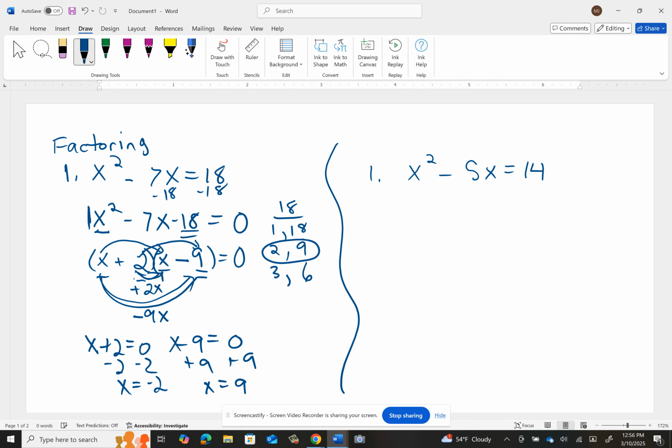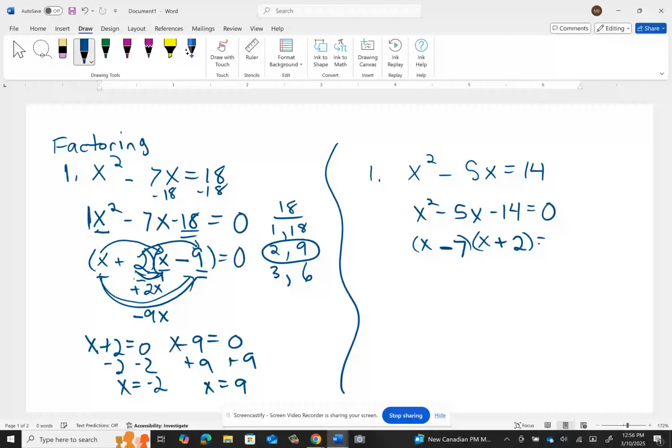All right, on the other version, you would have done the same thing to start with. Subtract 14 from both sides, then work on factoring. For 14, I'm going to use a 2 and a 7 rather than a 1 and a 14 because I know I'm trying to get a 5 in the middle, and I want the 5 to be negative, so I'm going to make the larger one negative.